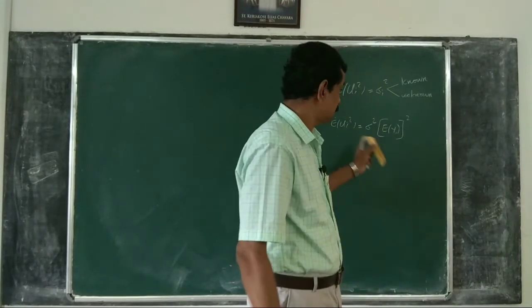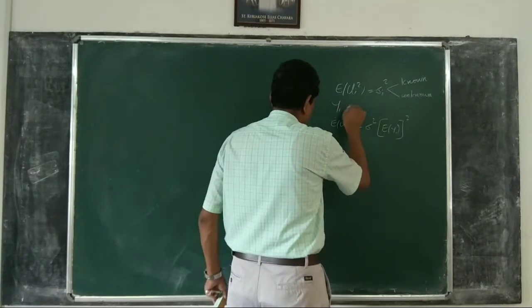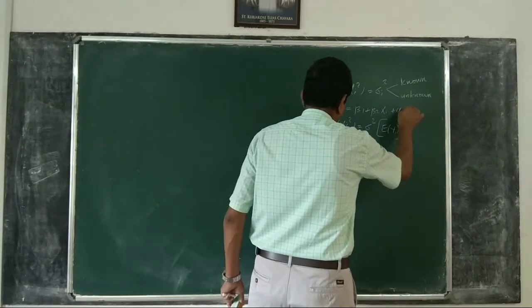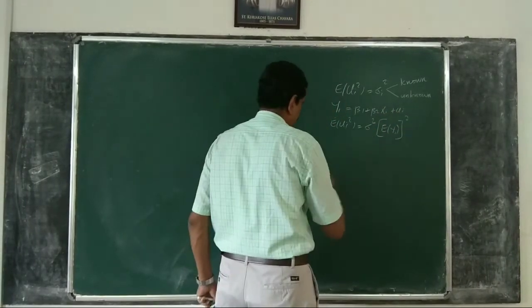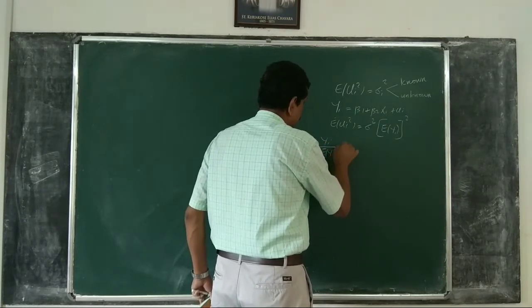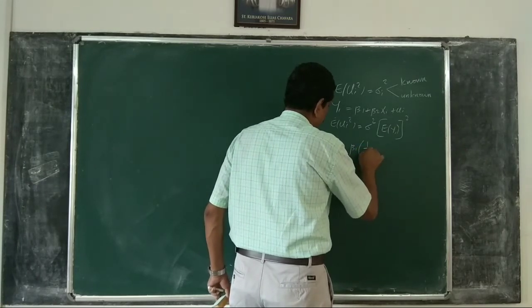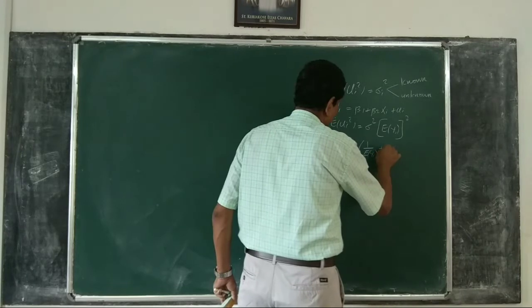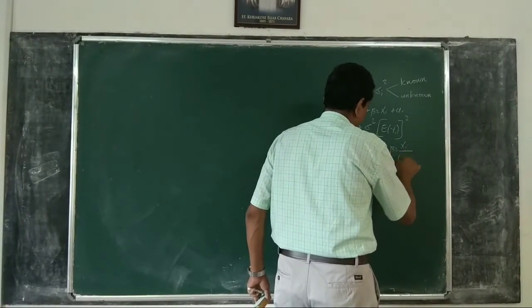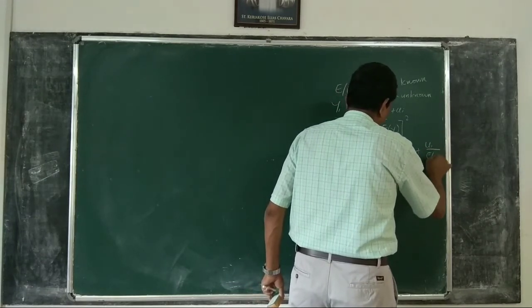If this is the pattern which we assume, then the model yi equals beta 1 plus beta 2 xi plus ui. Divide throughout by the expected yi: yi by expected yi equals beta 1 into 1 by expected yi plus beta 2 xi by expected yi plus ui by expected yi.